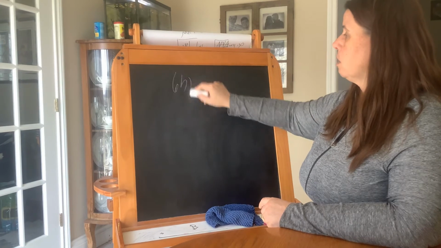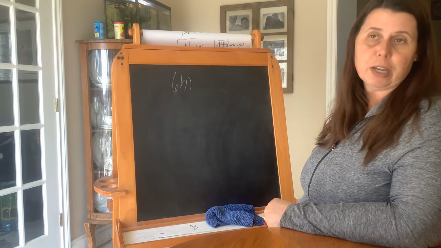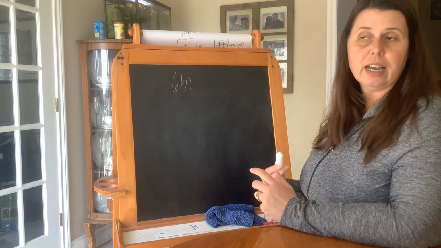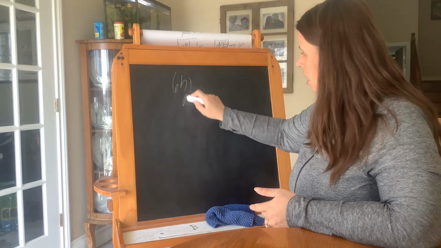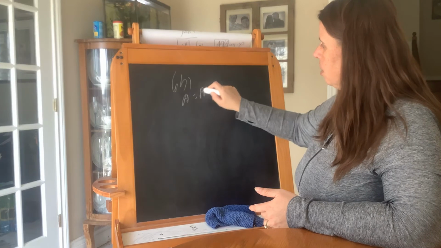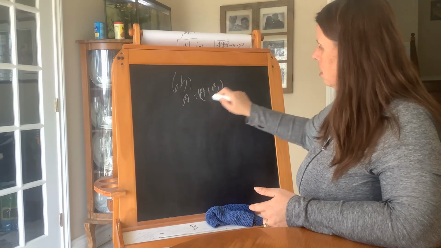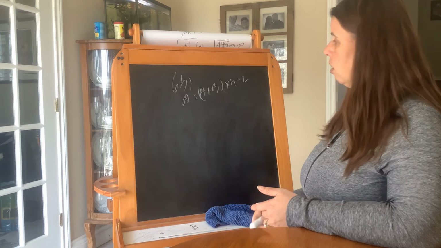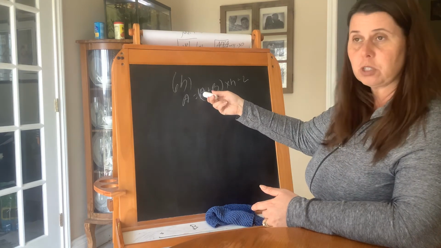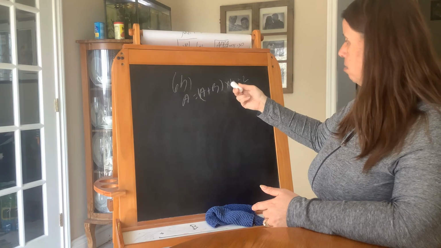Okay, so for 6B, you're gonna just take the proper measurements and substitute them into the formula. So remember, area. A plus B times H divided by 2, okay? So all you're gonna do is, what is my first base, what is my second base, what is my height?